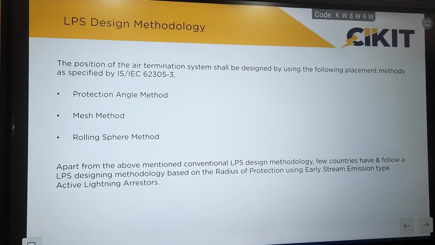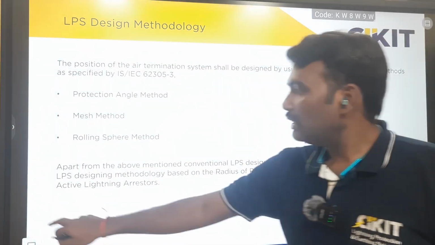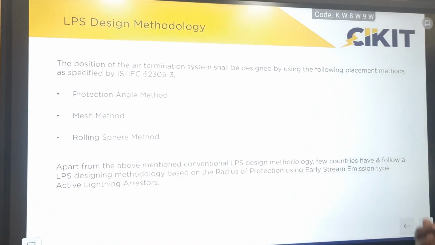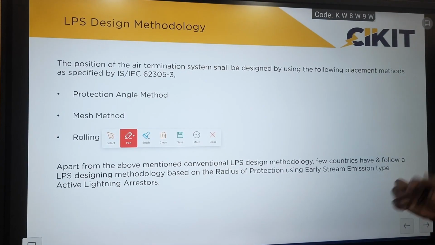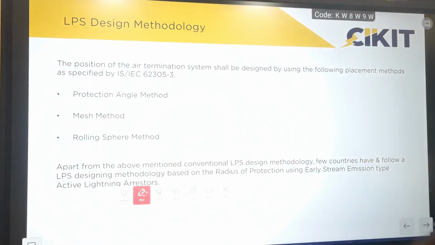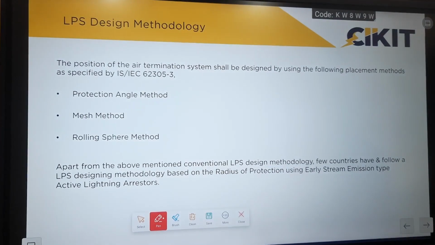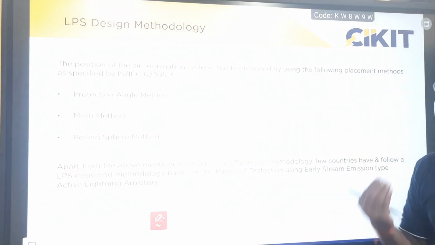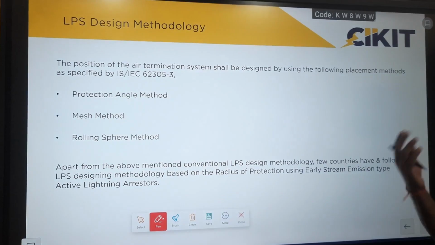The 62305 part 3 has explained three different methodologies for placing the air terminals. Simply placing a rod at the top of the building and connecting to the ground cannot be considered a proper lightning protection system. We have to determine the number of lightning air terminals required for that particular building and the position of each air terminal.